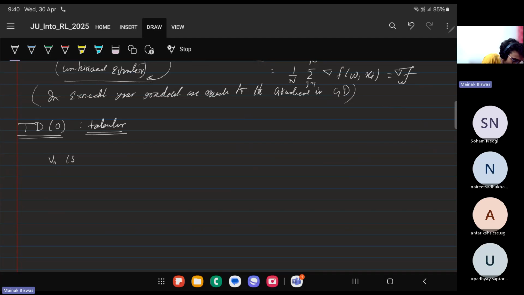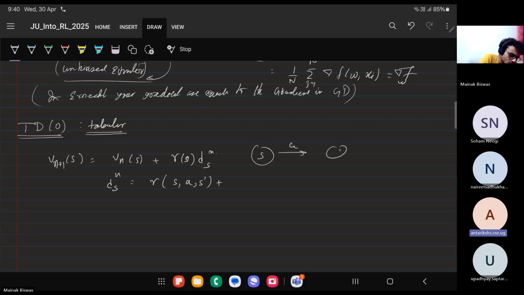V_{n+1} of state S is V_n of S plus gamma of S plus d_n, where d_n is the reward we obtained at state n, R of S, A, S dash, plus V_n of S dash minus V_n of S. This is what we'll try to implement.